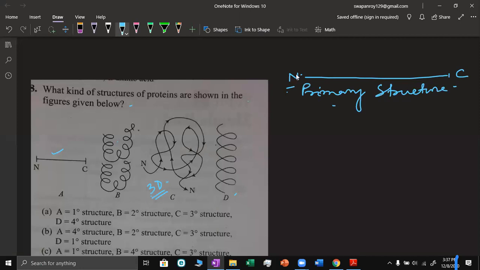That is what has been shown here in this line, N and C. So this N terminal and C terminal, this is the primary, or we can say the first level of protein organization, or first degree of organization.